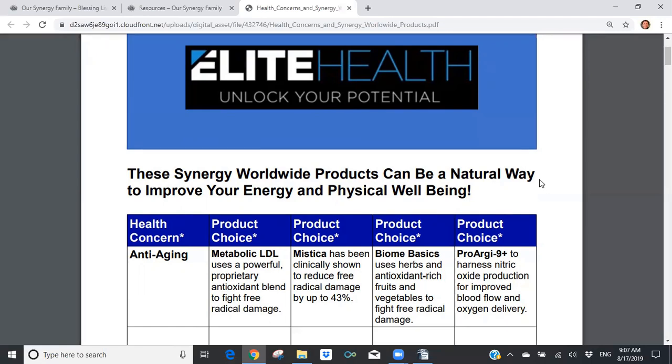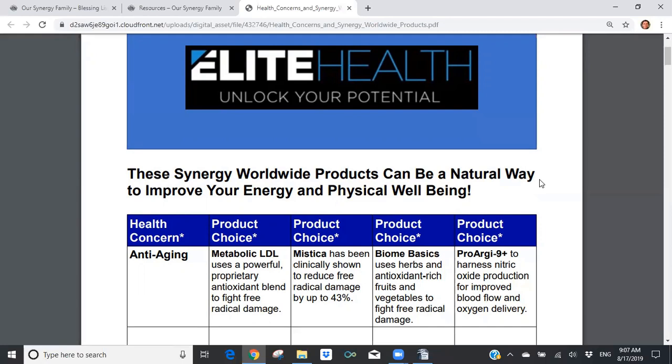And because they're combined in a certain combination with bergamot fruit extract, they work synergistically better together, which means that they're even more powerful together than what they are separately. So this product called Metabolic LDL is a fantastic antioxidant blend that would then fight free radical damage.